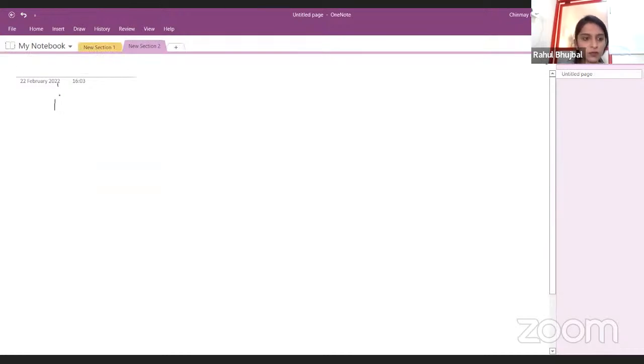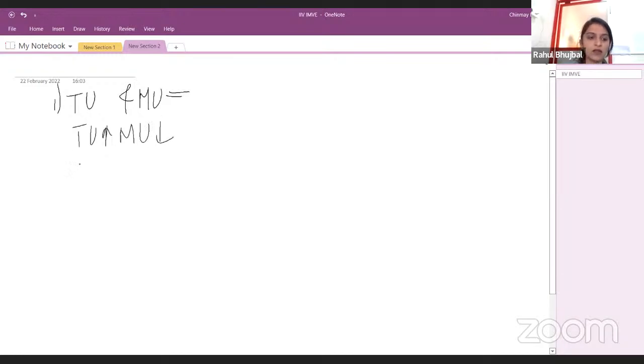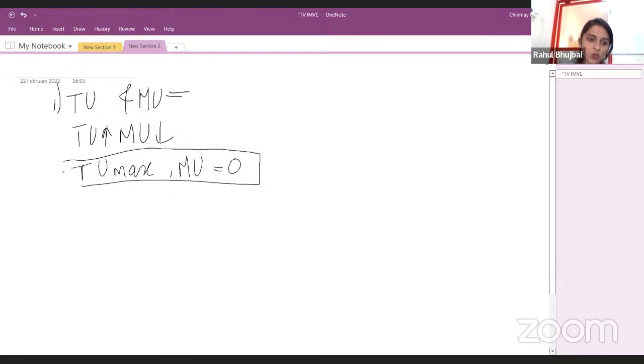Then when TU increases, marginal utility decreases. Then when TU is maximum, MU will be 0. And this point is known as point of satiety.